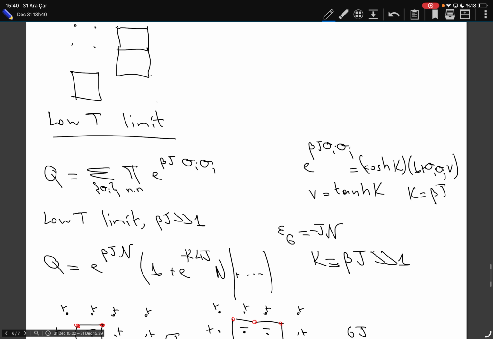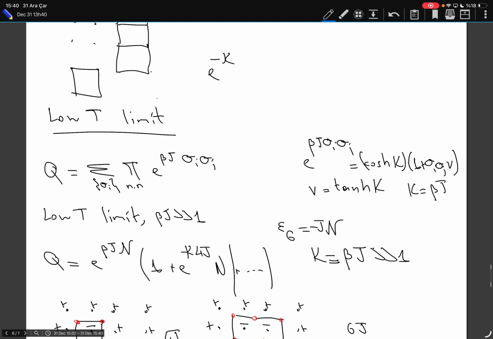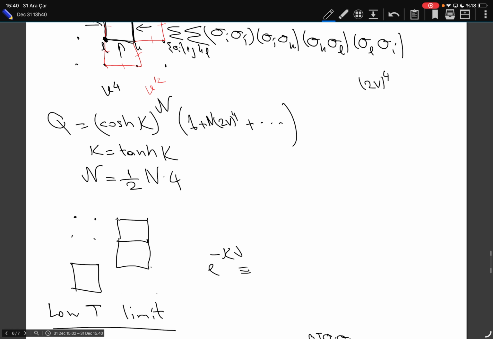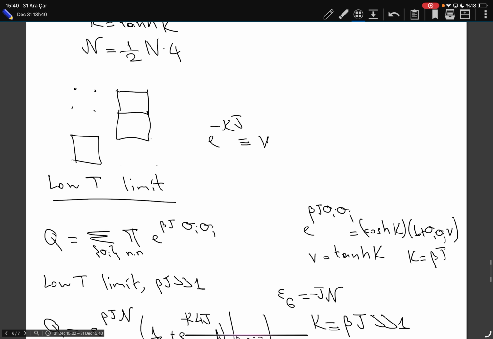You see here my expansion parameter is e to the power minus kappa J. In the other case I have V, or tangent hyperbolic K star. So this is the relation between the temperatures in both cases. So that is all I would want to mention, at least so that you have heard about them.